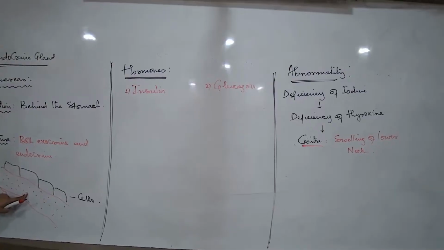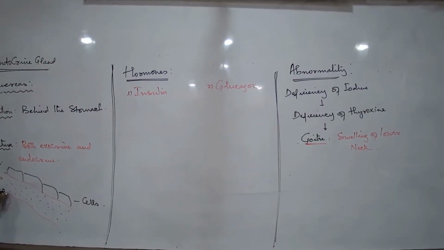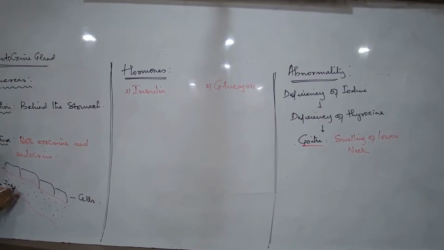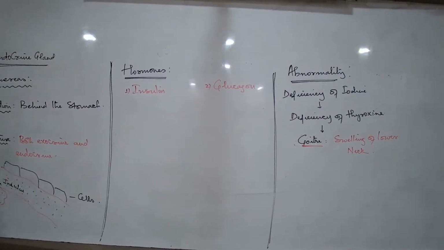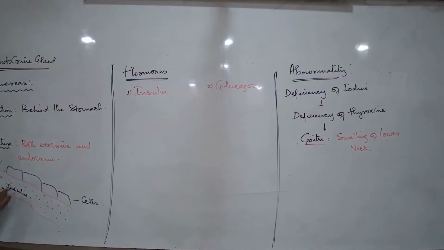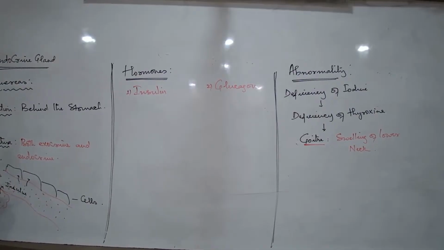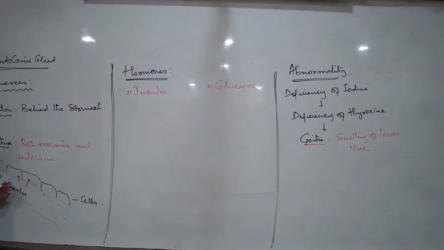Now what is the situation? Now the situation is the insulin is produced. There is so much insulin in the blood now. Since there is insulin in the blood, the glucose has started moving towards the body cells, and the glucose in the blood has started decreasing.